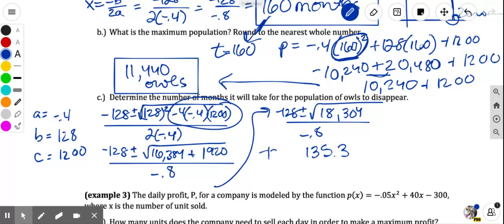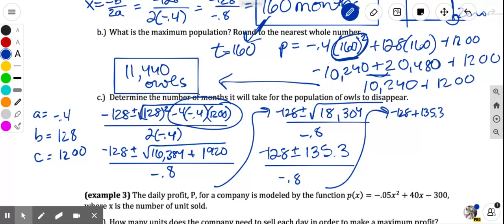So this is negative 128 plus or minus that over negative 0.8. Continue again. So now we have negative 128 plus 135.3 over negative 0.8. And then we have negative 128 minus 135.3 over negative 0.8.